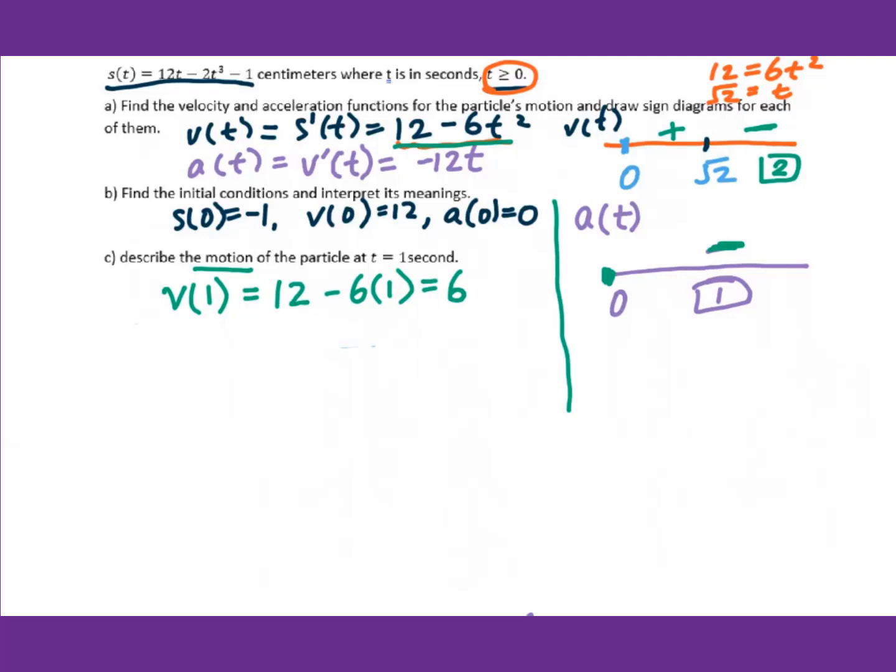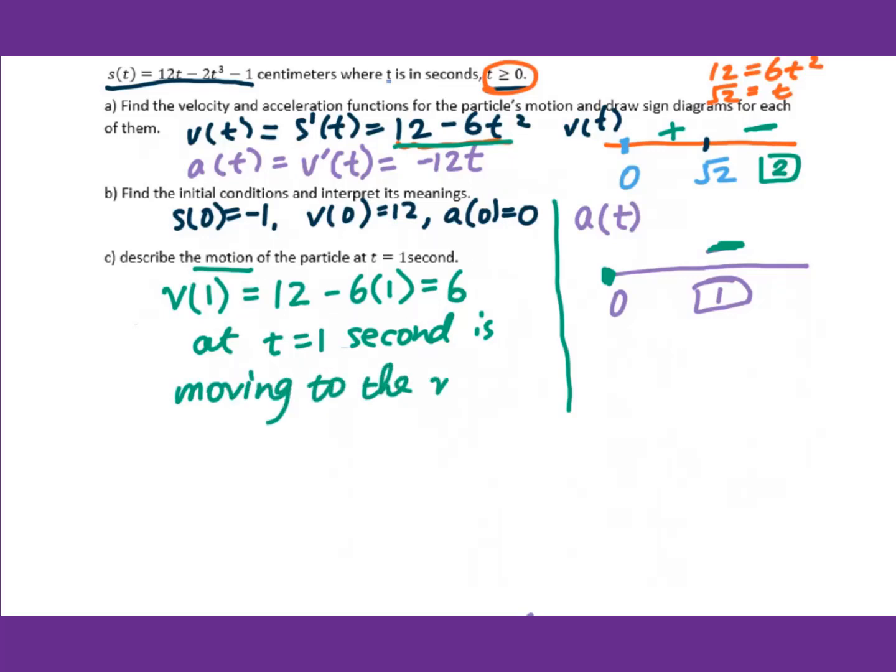Therefore, the particle at t equals 1 second is moving to the right at 6 centimeters per second.